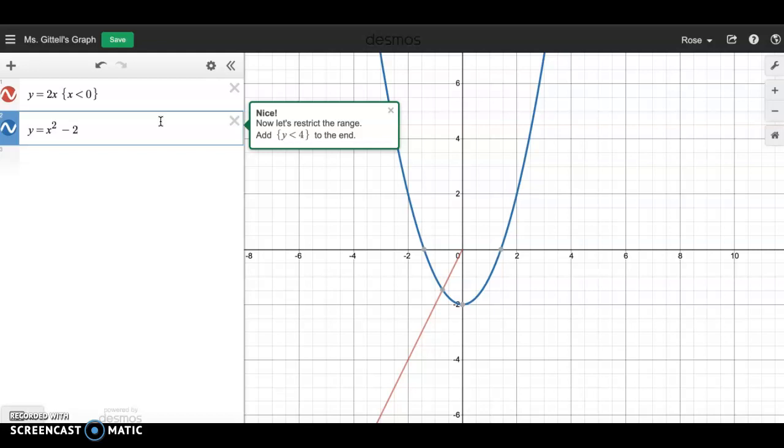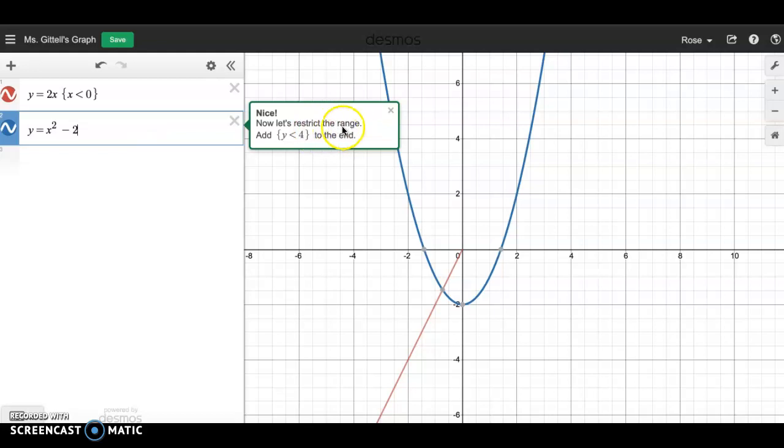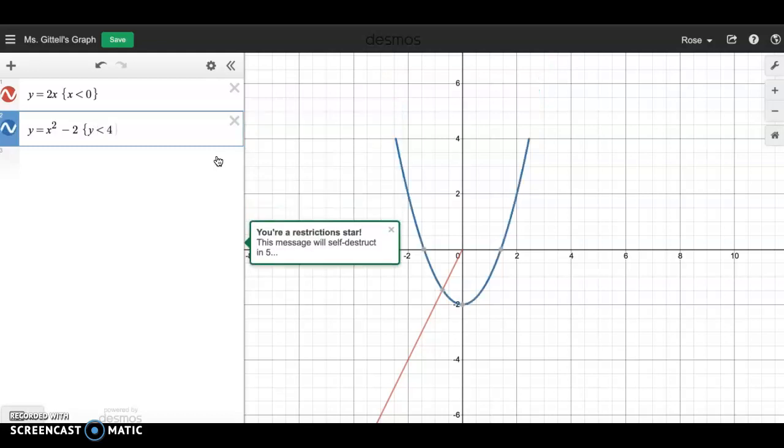Now let's restrict the range. Range means y values. So now we're going to include y in that expression at the end, because range has to do with y values. Okay, so it says to go y is less than 4.